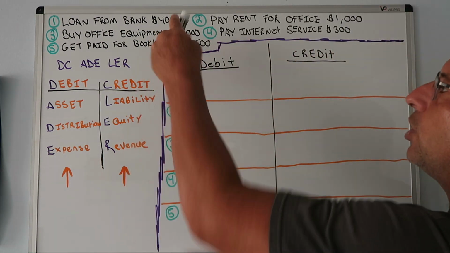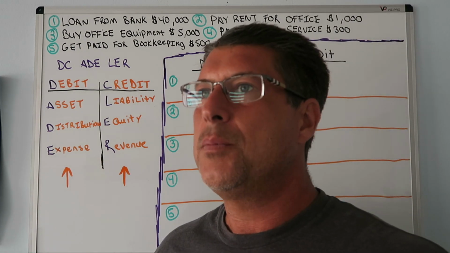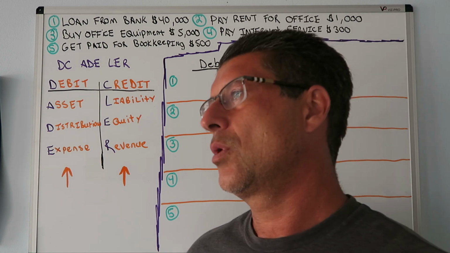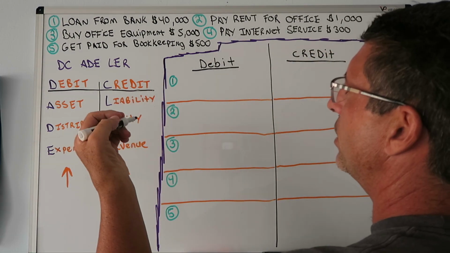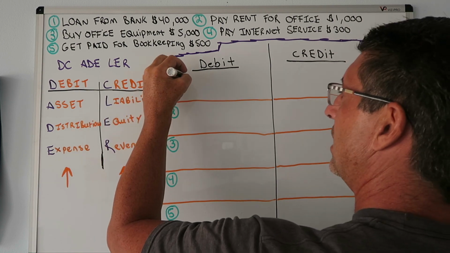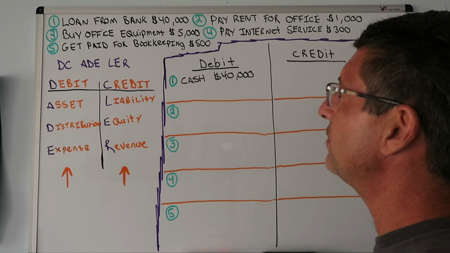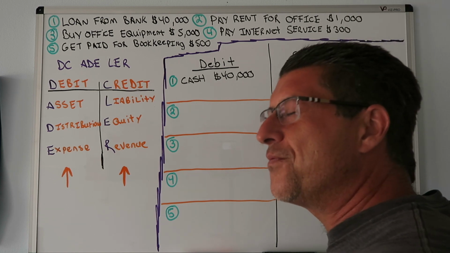So let's go. Loan from a bank, $40,000. What's going on? Are we getting money? Yes, we're getting money. How much are we getting? $40,000. What would our debit be? Cash, $40,000, because we're getting a loan from the bank.